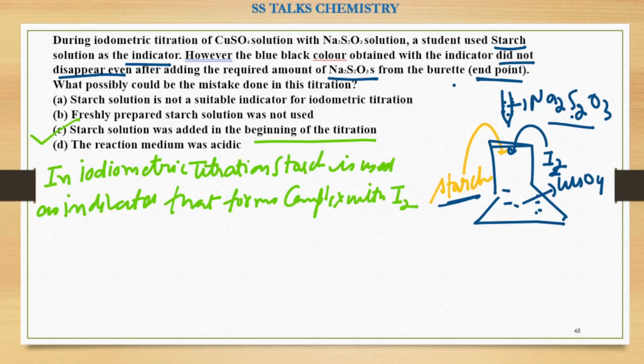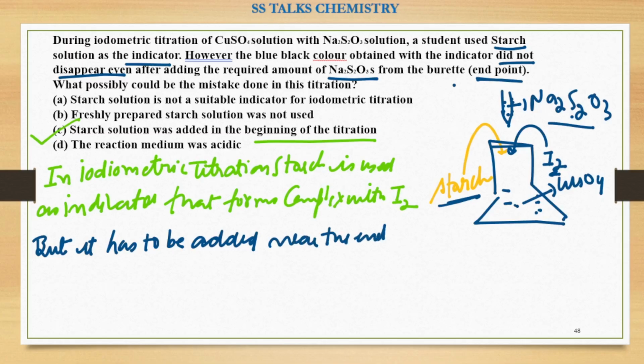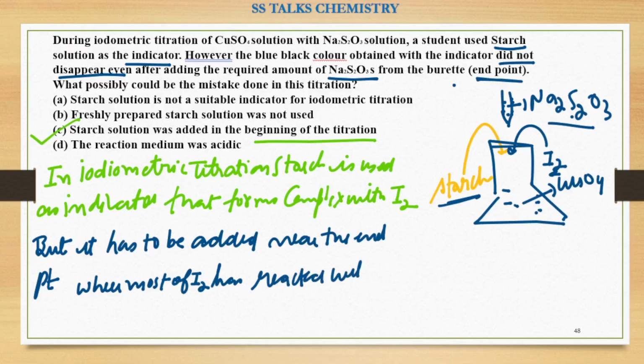Due to that the bluish black color is obtained, but it has to be added near the end point, where most of the iodine has reacted with the sodium thiosulfate, Na2S2O3.